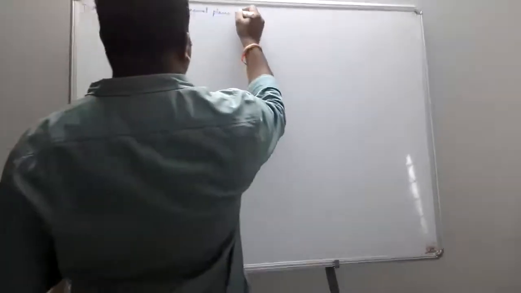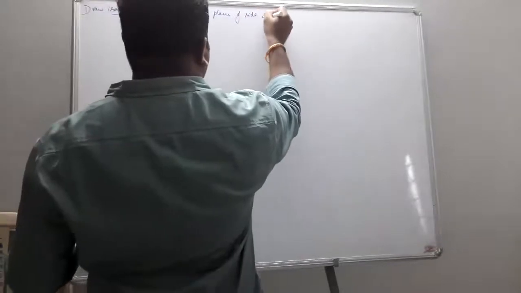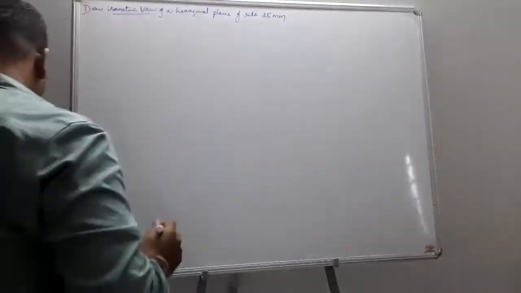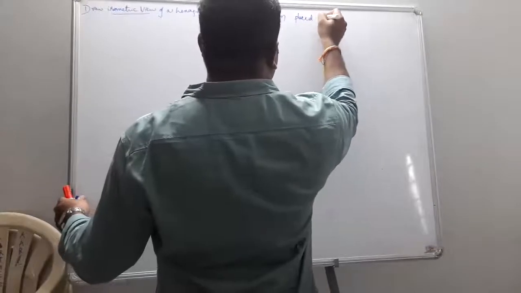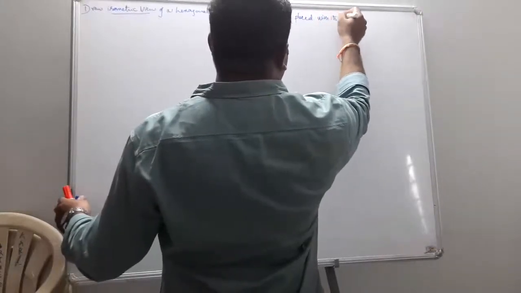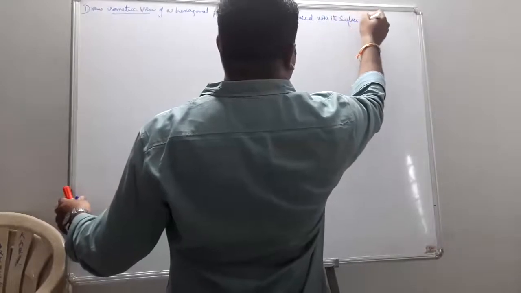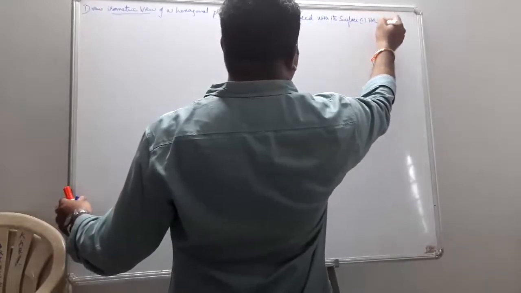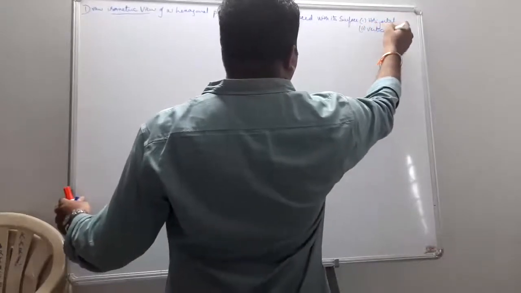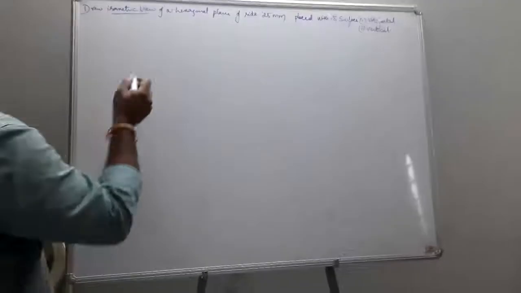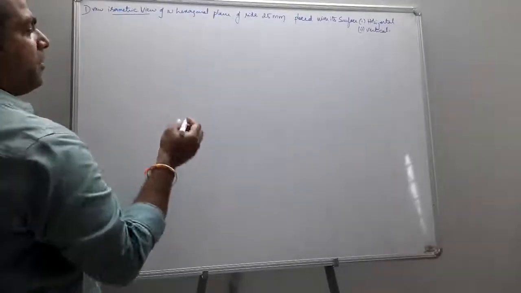Plane of side 25 mm. Okay. Placed with its surface first horizontal, second vertical. Placed with its surface horizontal and vertical. So for that, first of all, I had to construct my regular hexagonal plane of side 25 by our method.